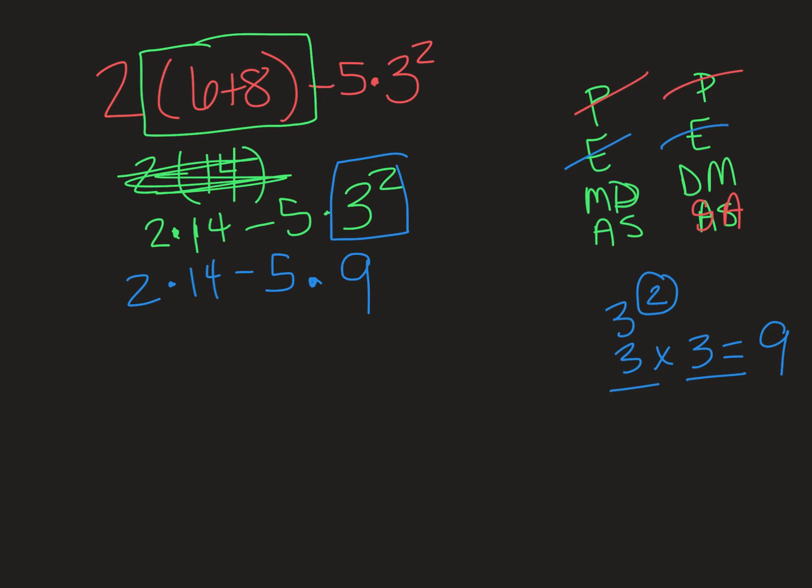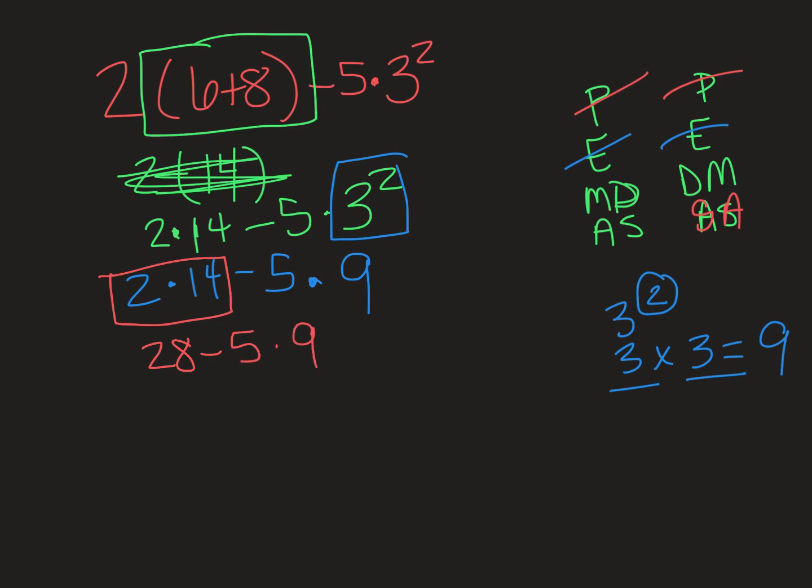So let's take a look at multiplication and division. Again, let's go on our walk. Let's start here. Oh, there's multiplication. So let's do multiplication first. 2 times 14, which is going to get me 28. And then I just rewrite everything.